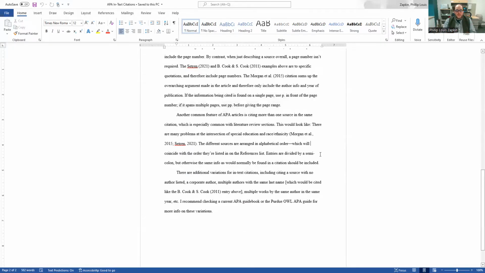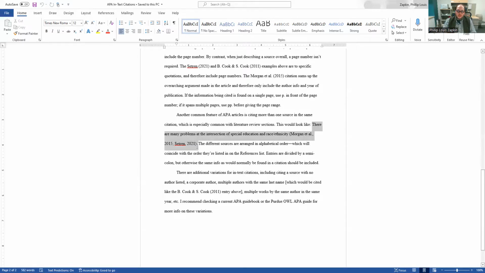One thing that you often may do in APA work, particularly in literature reviews, is to cite multiple sources within the same citation. So if you are trying to give the state of the field and you have a bunch of people who have made related arguments, you may cite all of them in the same parenthetical citation.